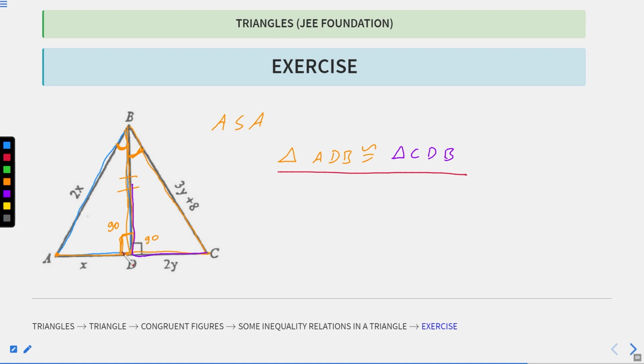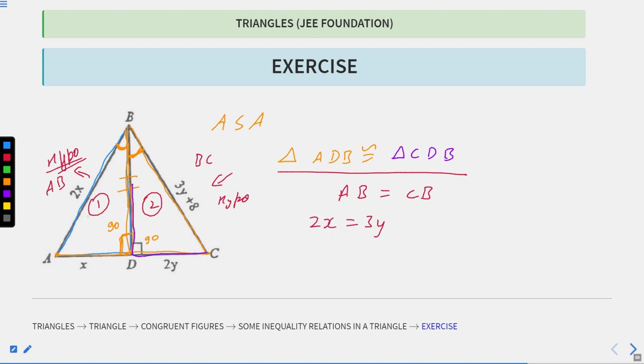So I can easily say that the hypotenuse of triangle 1, which is AB, is equal to the hypotenuse in the second triangle, which is CB. So AB is equal to CB. From this I can say 2x is equal to 3y plus 8. So this is my equation 1.